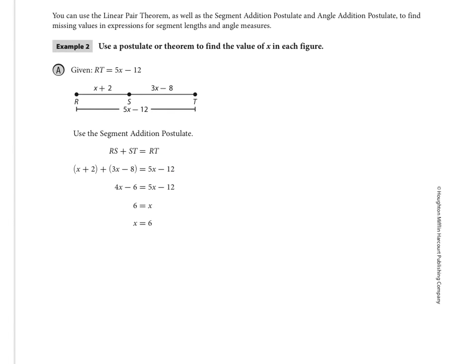Okay. Next step is simply adding like terms. We've got x and 3x gives me 4x, and 2 and negative 8 gives me negative 6. So now we have this equation right here. And how did we go from here to here? Well, that's going to be just the addition property of equality or subtraction property of equality, depending on which one you want to use.